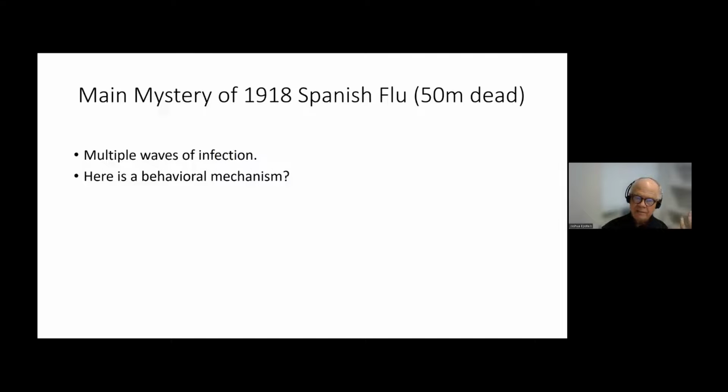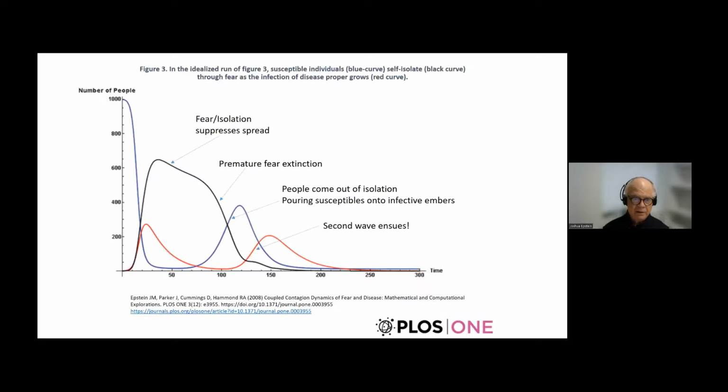What we get from this model is multiple waves by this behavioral mechanism, and it gives some encouraging correspondence to what happened in the 1918 pandemic flu. Here's what happens in the model. It's parameter dependent, but we're really talking about existence theorems here.